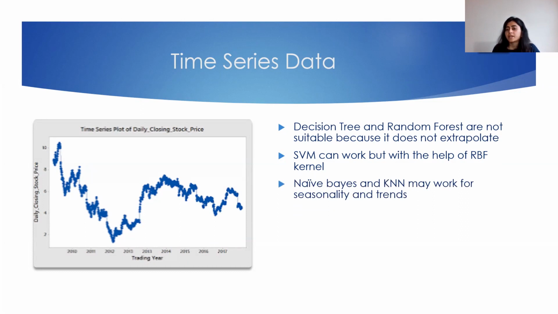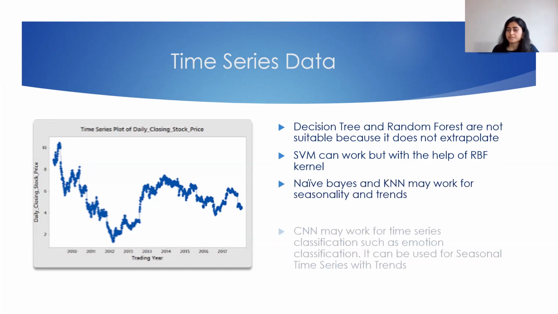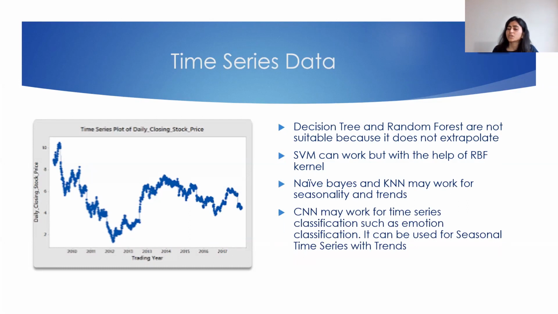Then naive Bayes and KNN may also work with seasonality and trends. CNN may also work with time series classification such as emotion classifiers, so it can be used for seasonal time series with trends. RNN with LSTM or GRU can work for future timestamps based upon previous timestamps.